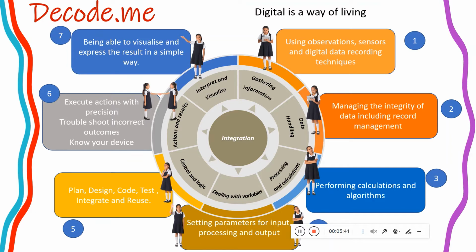What do you need to do? How do you deal with variables? Because those variables also link into calculations, and into the input parameters that you need for gathering information. From there on, we move over to utilize coding and electronic techniques to process the data.